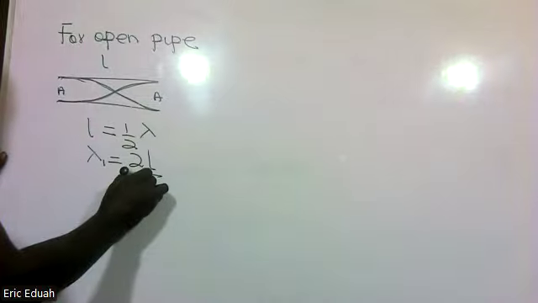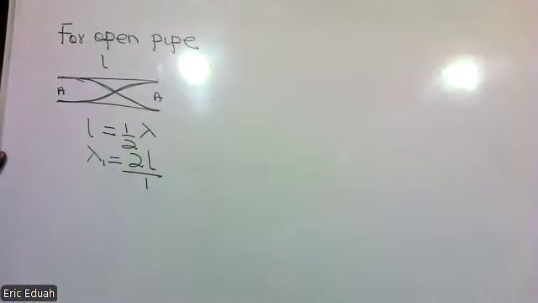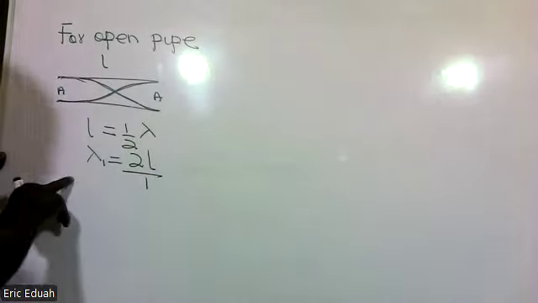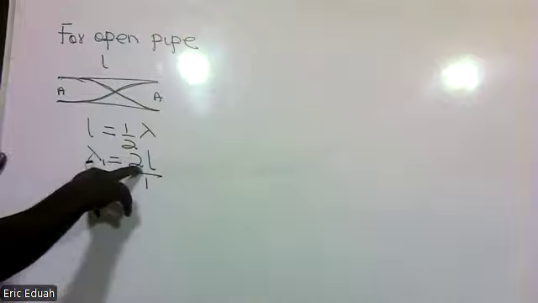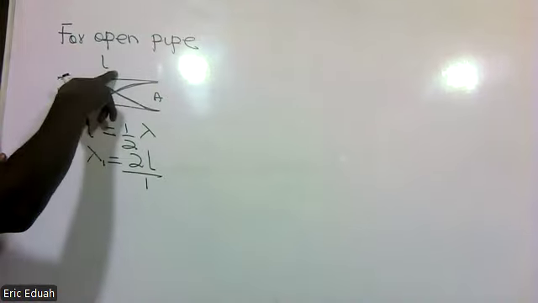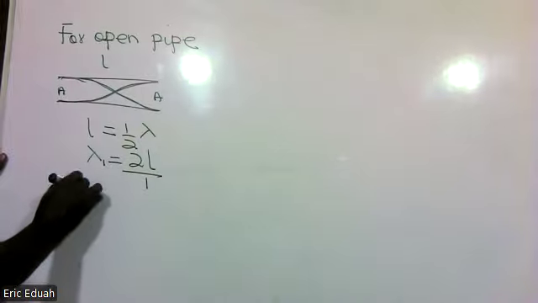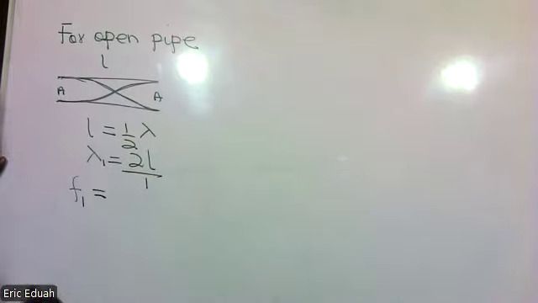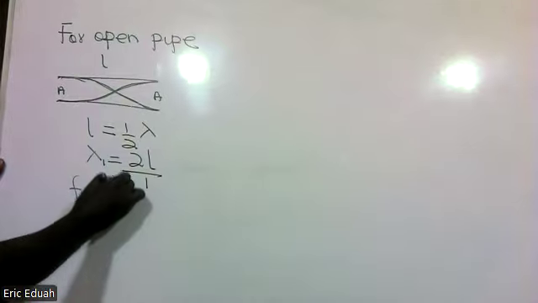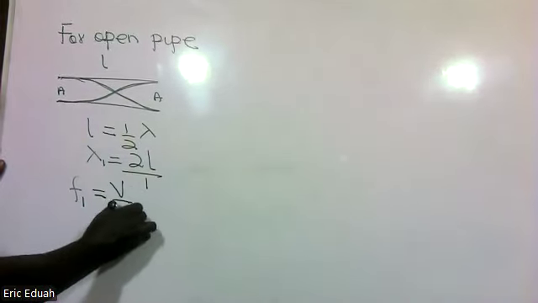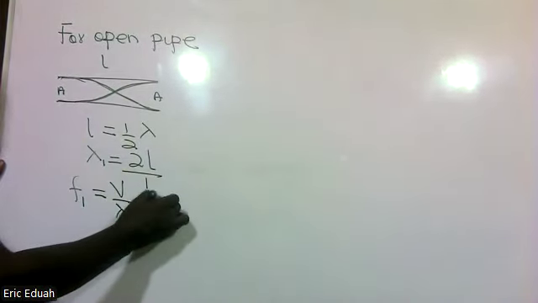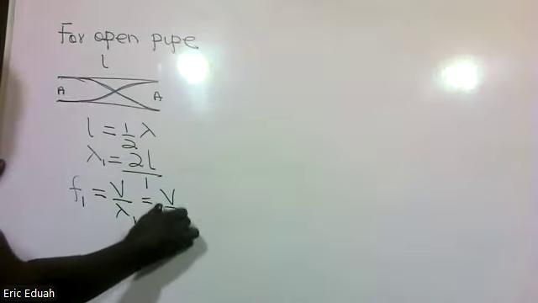This is lambda 1, the fundamental wavelength, given by 2 times the length of the tube. Therefore, the fundamental frequency will be equal to V over lambda 1, which is V over 2L.